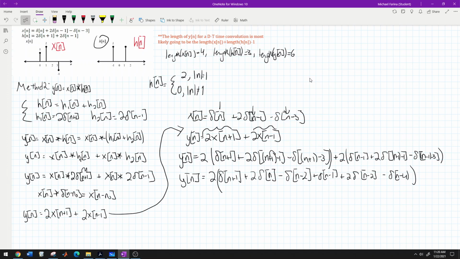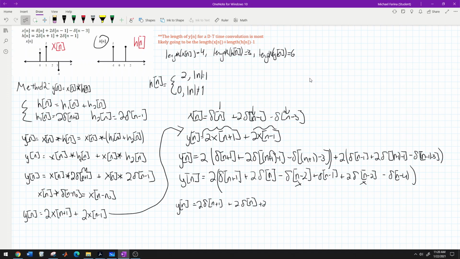We have a like term right here we can collect, and a like term right here we can collect, and we can redistribute the 2 back out. And we will end up with delta n plus 1 plus 2 delta n. Let's bring this one first so we're in that correct shifting order.